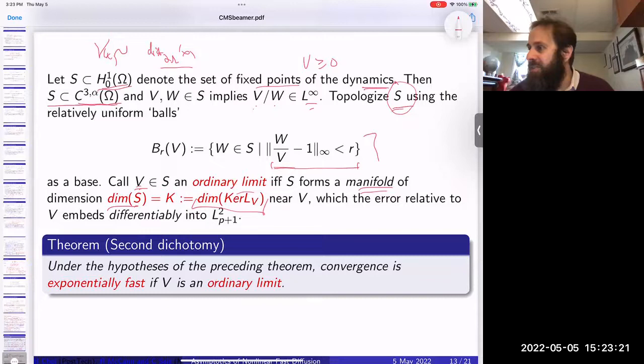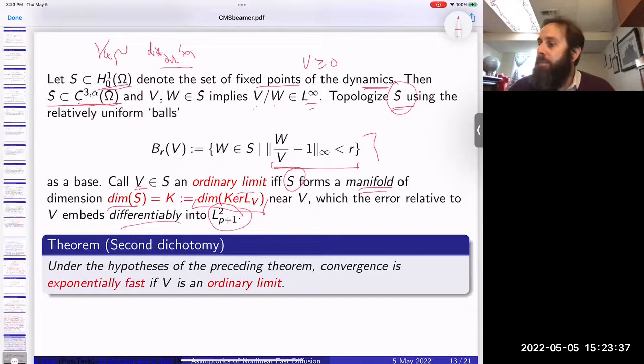And I'm moreover going to assume that when I represent a solution W by the ratio W over V, that is a differentiable embedding of this manifold S into the Hilbert space where I'm studying the dynamics of H.